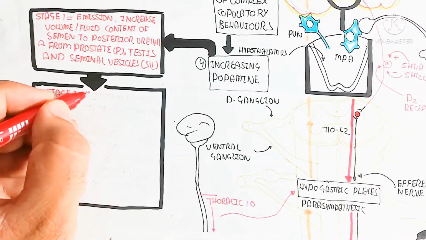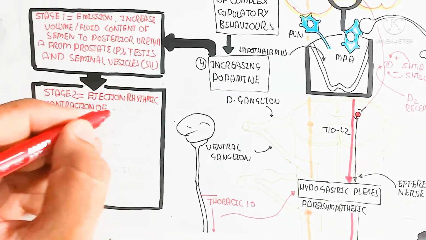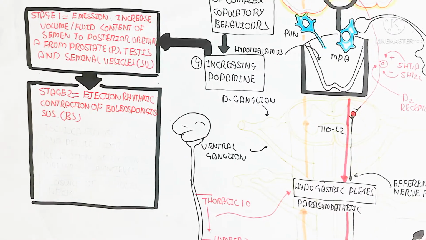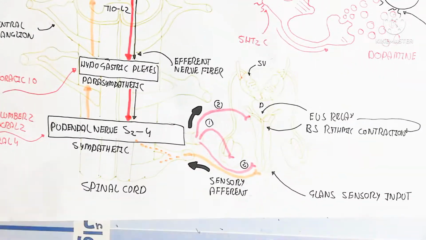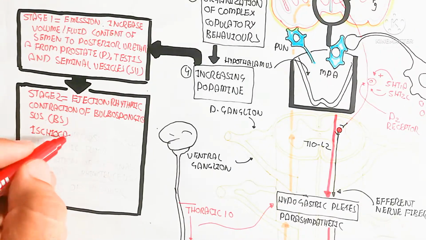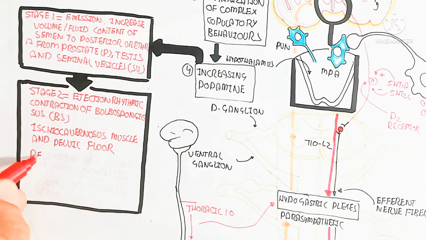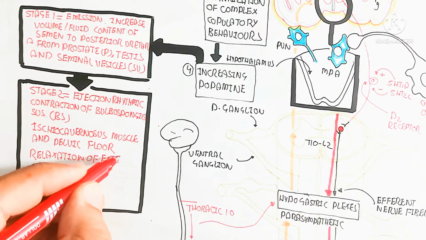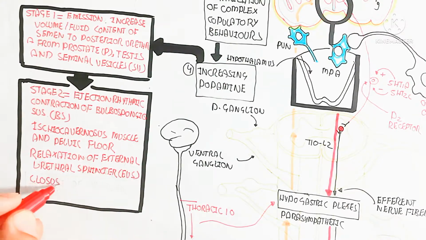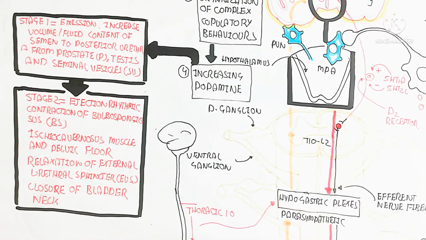And stage 2 is ejection, rhythmic contraction of the bulbospongiosus and ischiocavernosus muscle and pelvic floor, relaxation of the external urethral sphincter, and in this way the closure of the bladder neck. After the closure of the bladder neck, the sympathetic fiber will be activated to ejaculate the sperm.